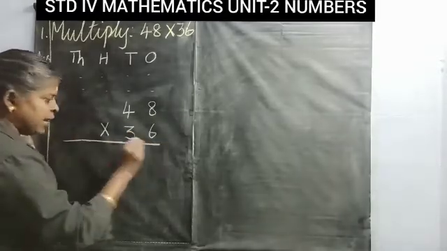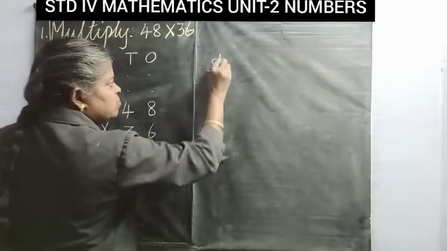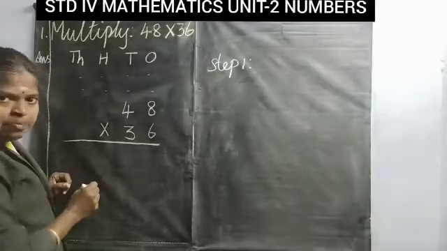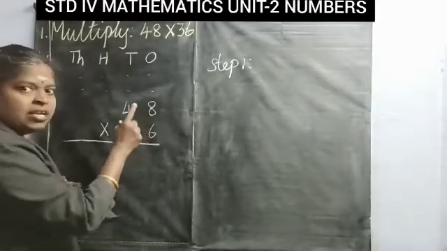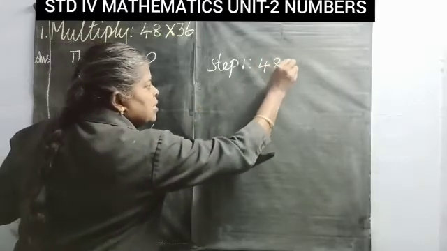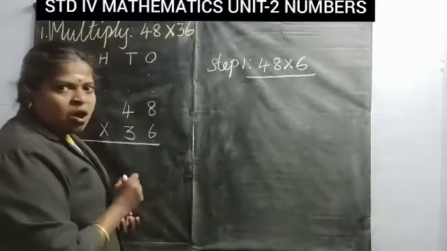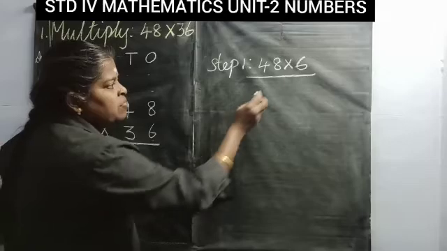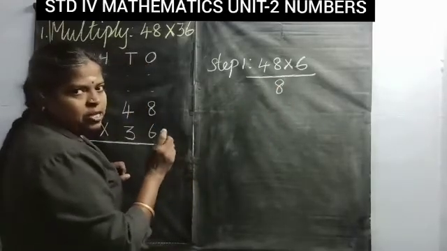Then draw the line. Step 1. First multiply the ones. First multiply 48 into 6. So 6 eights are 48. 8 we write down.